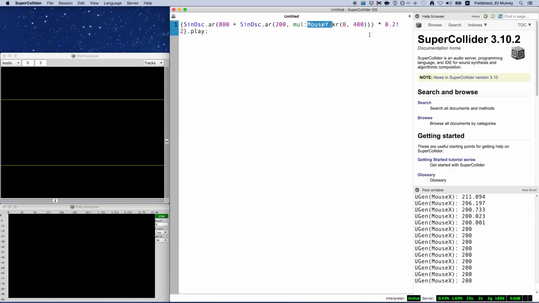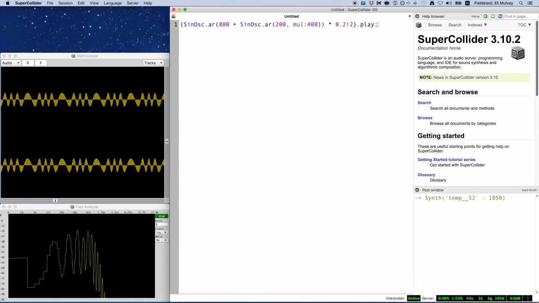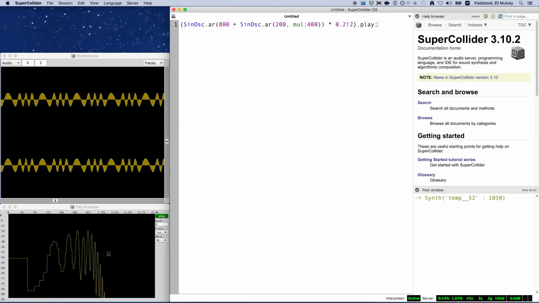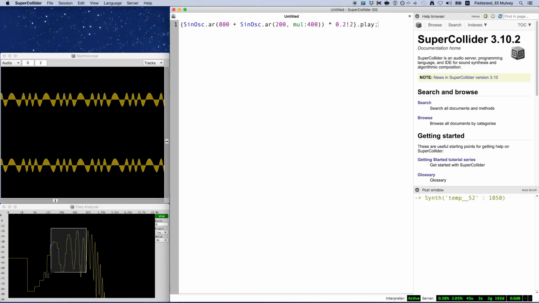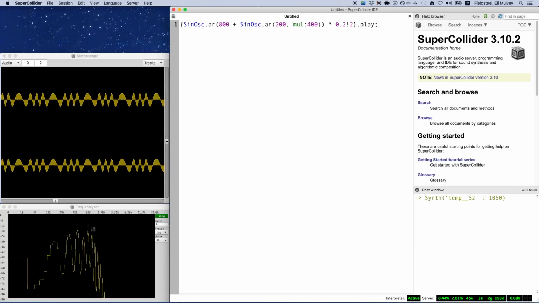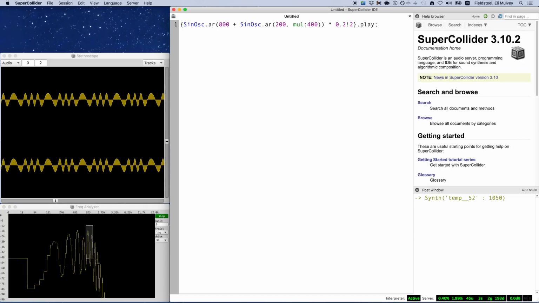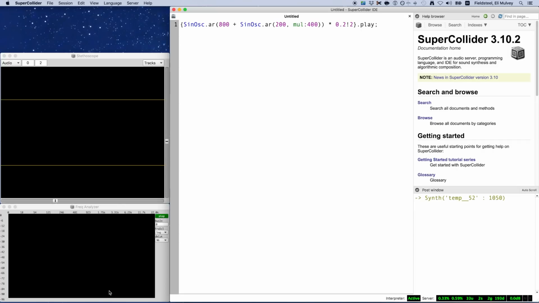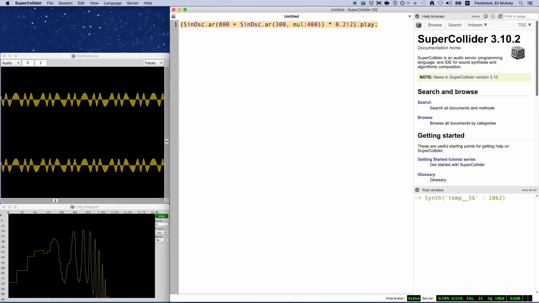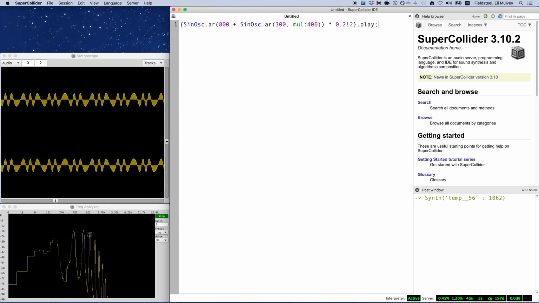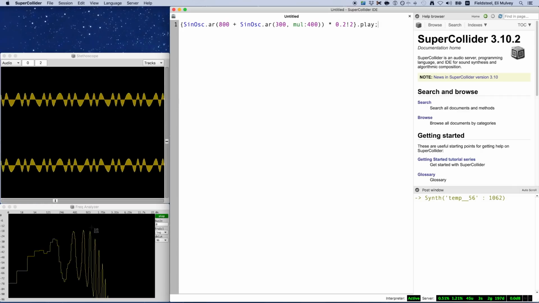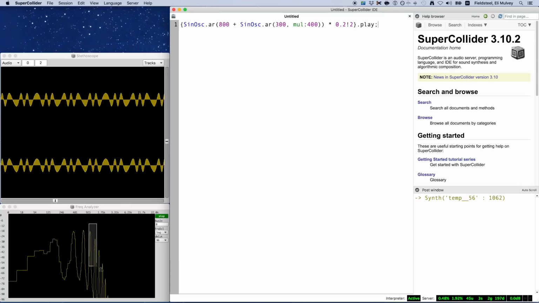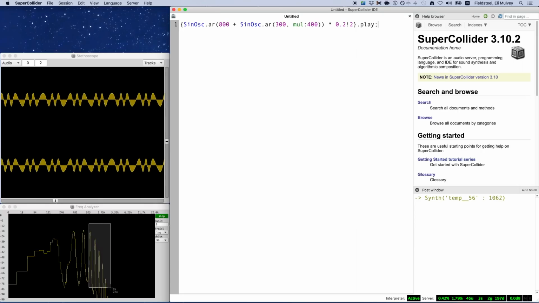So here, with the modulator fixed at 200 Hz, sidebands appear below this 800 Hz carrier at 600, 400, 200, and above the carrier at 1000, 1200, 1400, etc. If we increase the modulator to 300 Hz, now the sidebands appear below the carrier at 500, 200, and they also appear above at 1100, 1400, 1700, etc.